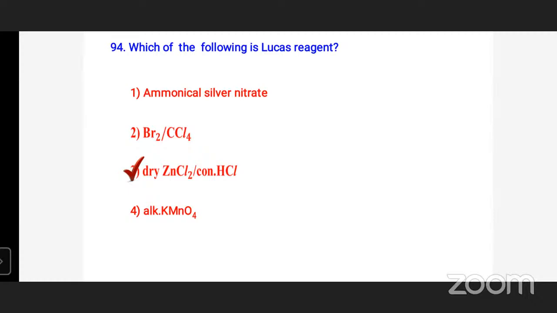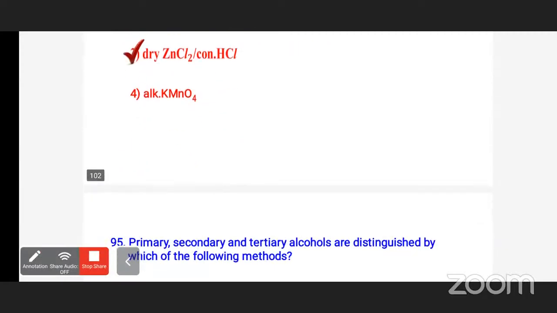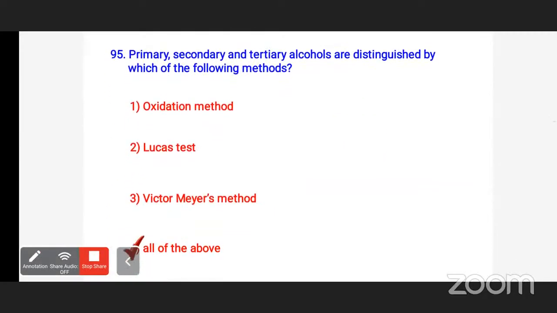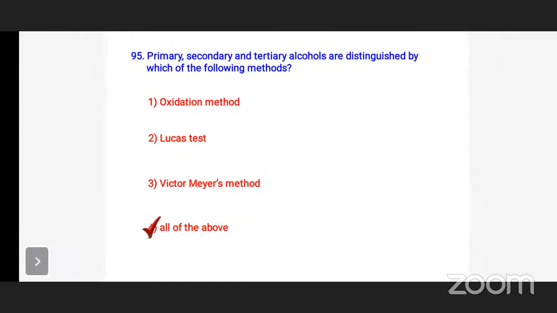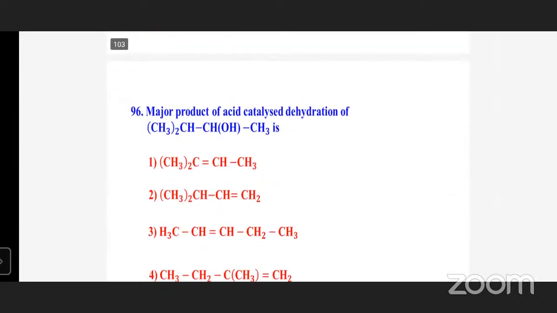Third option is the right option. Primary, secondary and tertiary alcohols are distinguished by which of the following methods? Oxidation methods, Lucas test, and Victor Meyer test. So all of the above is the right option.